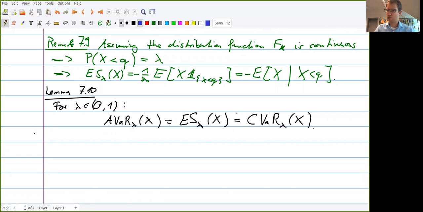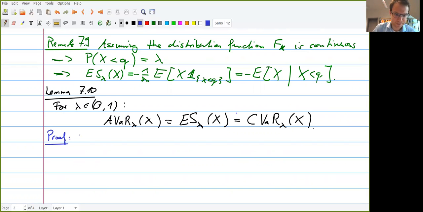First we show that these definitions all give you one risk measure, and then we will show that this is, as I promised you, indeed a convex or coherent risk measure. All right, proof.